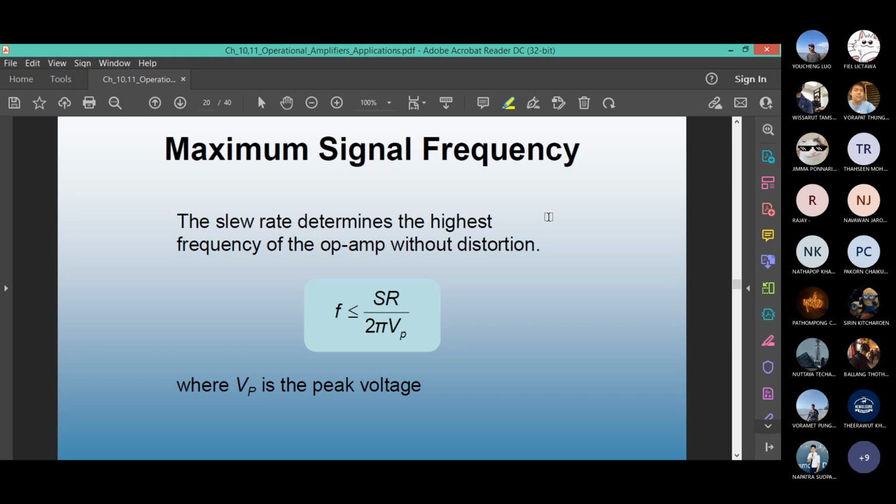If you go above this frequency, the signal will not keep its basic shape. It is given by the slew rate divided by 2 pi Vp, where Vp is the peak voltage. The frequency has to be less than or equal to SR over 2 pi Vp. If it goes above that, then you are in trouble. That's the idea of the slew rate and maximum signal frequency.